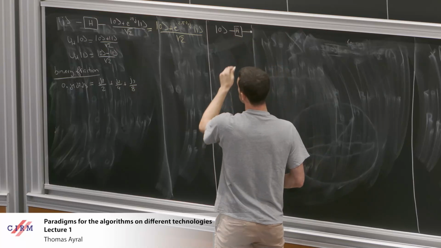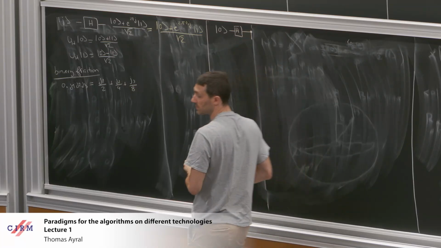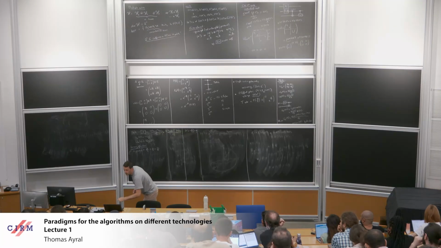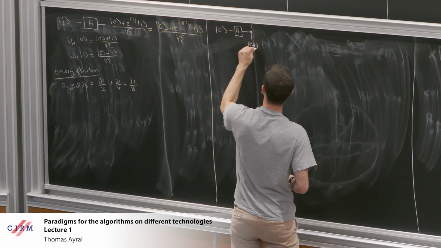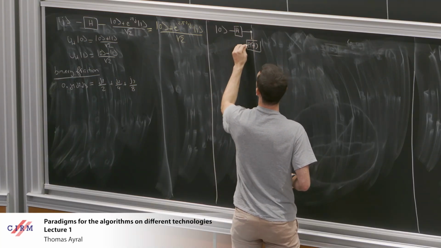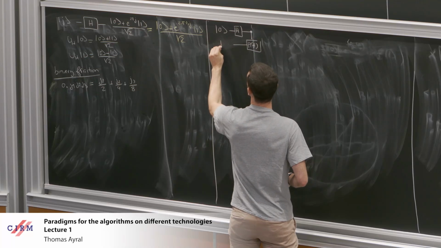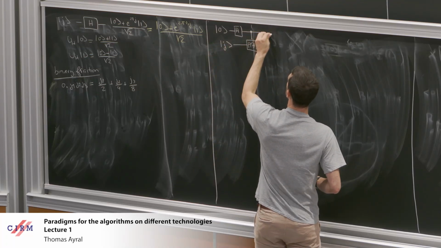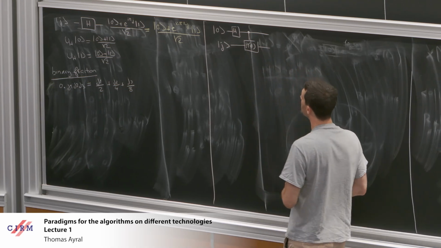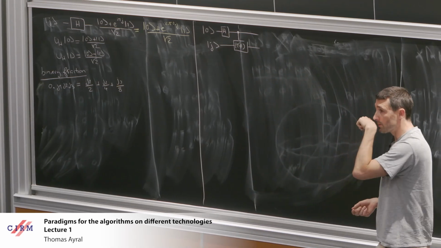And let me check here. I'm going to do a controlled phase gate here. And I'm going to put a state j here. And I want to find the output state. So let's see.